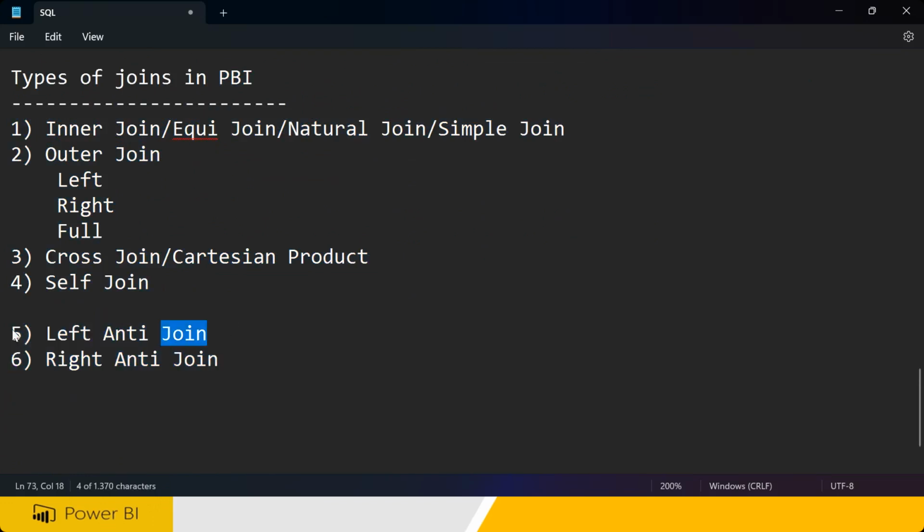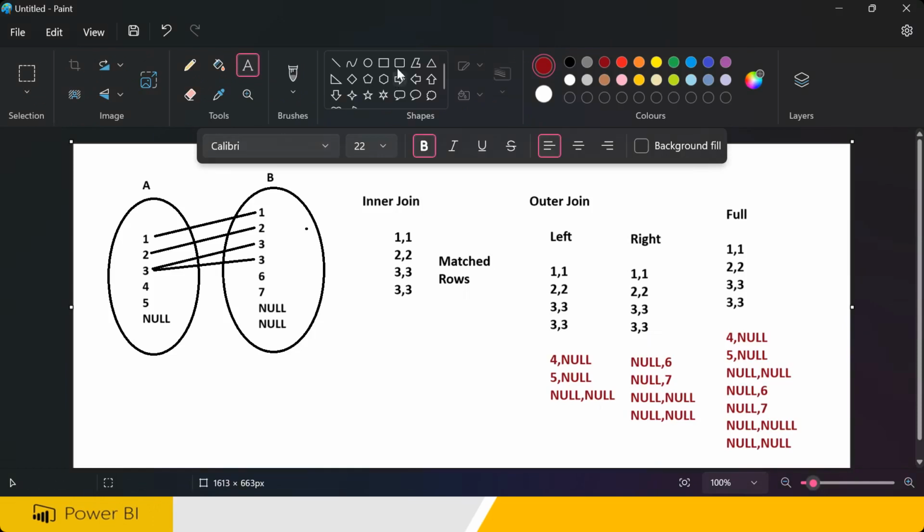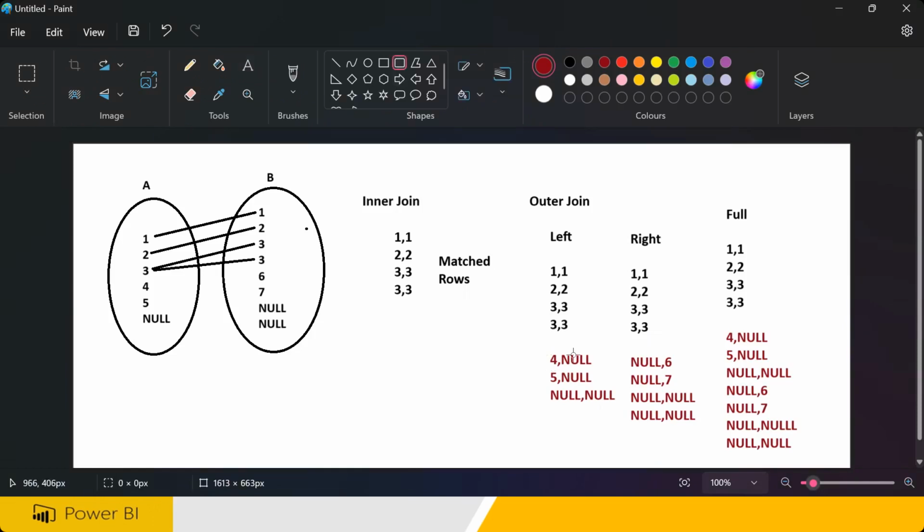What is left anti? What is right anti? Let me explain. We will be able to get unmatched data, right? This is unmatched data, and this is also unmatched data. If you want to get pure unmatched data, these are pure unmatched data.